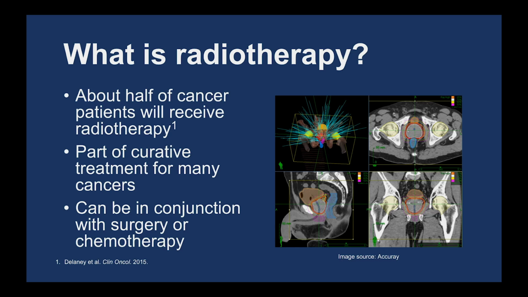This is a quick snapshot of a radiation plan for prostate cancer. The idea is to get radiation to the prostate and minimize radiation to other nearby important structures, such as the bladder, which sits on top of the prostate, and the rectum, which sits immediately behind. These principles are used in general for our radiation planning processes and some of the precise forms of radiation that we'll be discussing this evening.